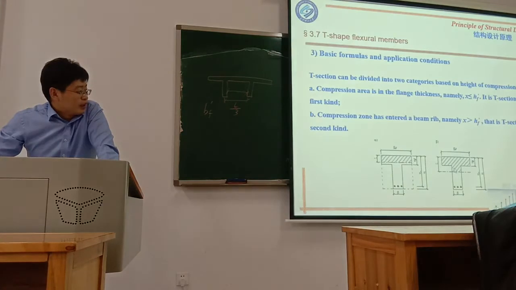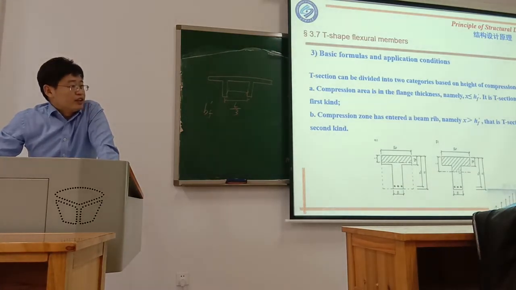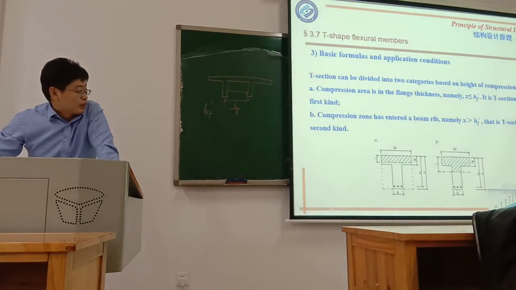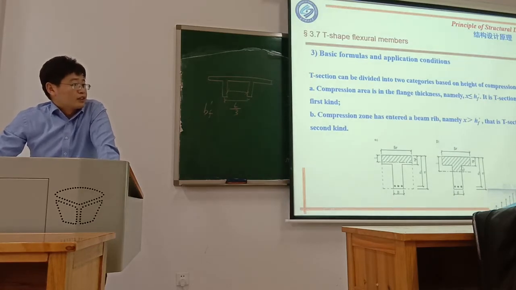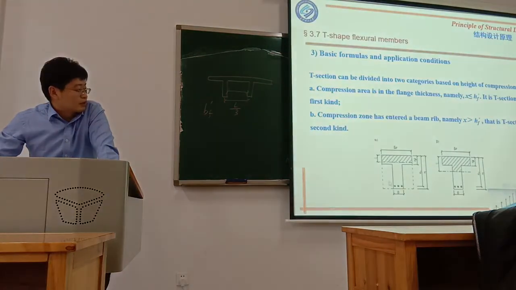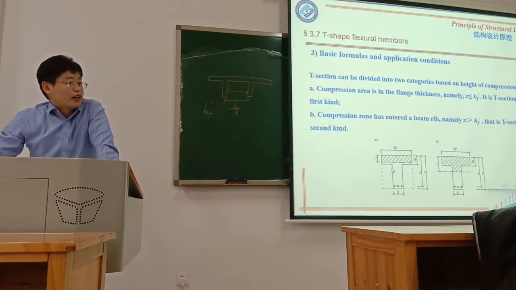But if the rib is in compression, the compression area is this shaded region, so it's different from the rectangular shape. So that's the two differences. This type of T shape really works as a T shape, but this type of T shape actually works as a rectangular shape.